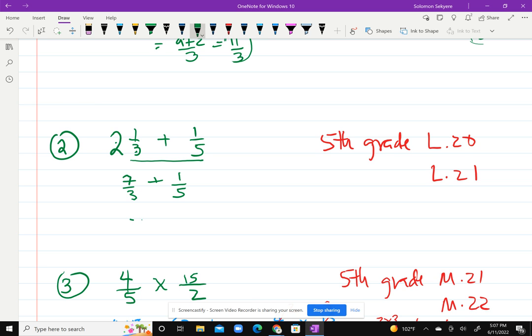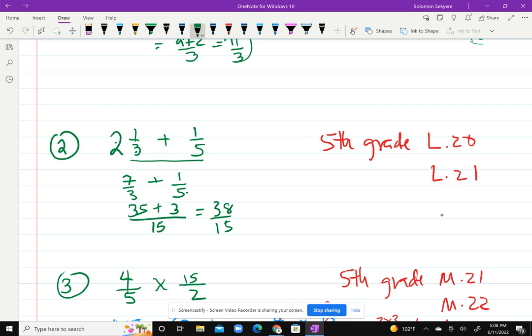You get the least common multiple of 3 and 5, which is 15, okay? And 15 divided by 3 is 5. 5 times 7 is 35, right? Plus 15 divided by 5 is 3. 3 times 1 is 3. And you have 38 over 15, okay?